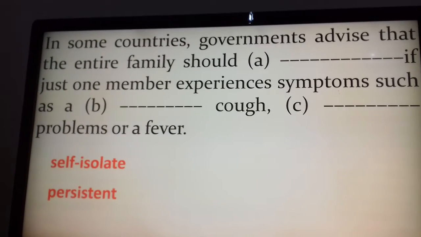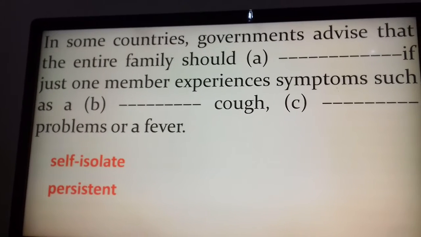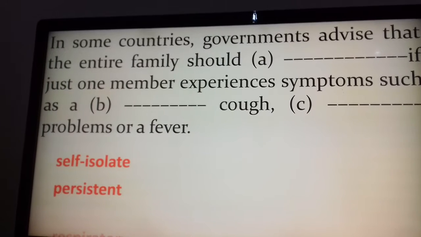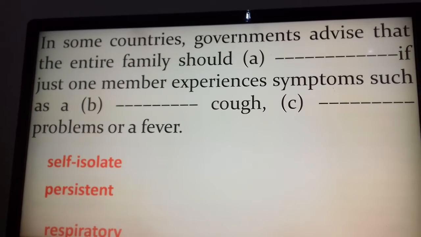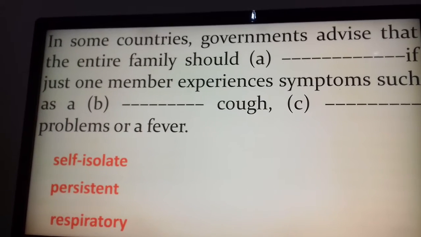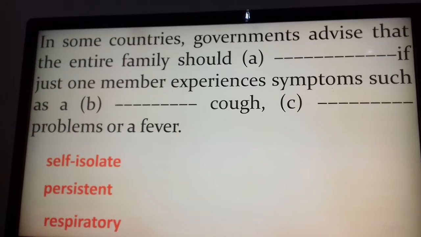Yes, so these are symptoms. You should self-isolate, if just one member experiences symptoms such as, and then the last one is, yes, okay, persistent cough and respiratory problems or a fever.